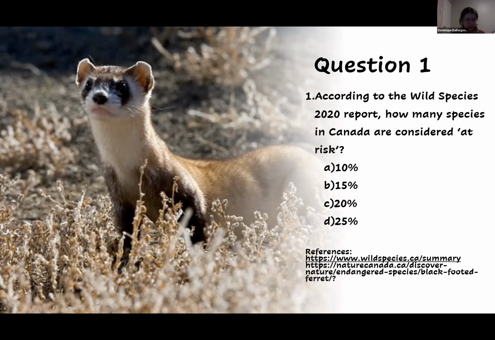Okay, so Rob thought 15, but it's actually 20%, and Jocelyn was right. The picture there is the black-footed ferret. It was believed to be globally extinct, but they were able to reveal that it was not extinct back in 1981, and it's now protected under the Federal Species at Risk Act, which supports the recovery and conservation of the species.